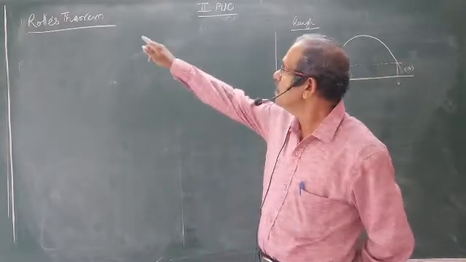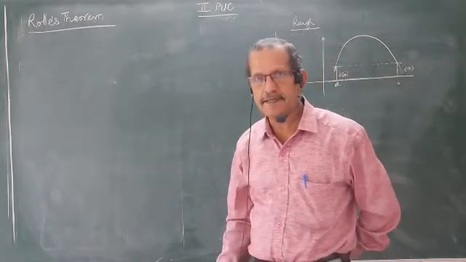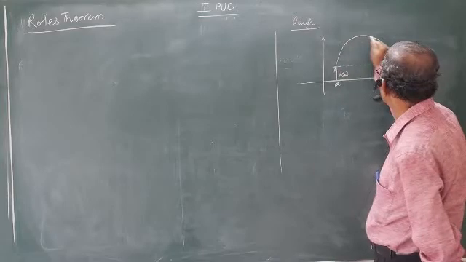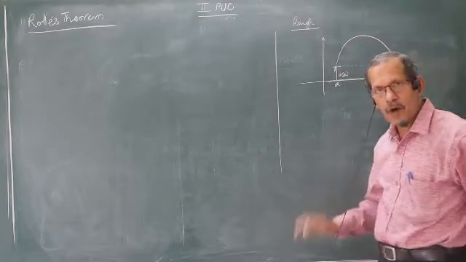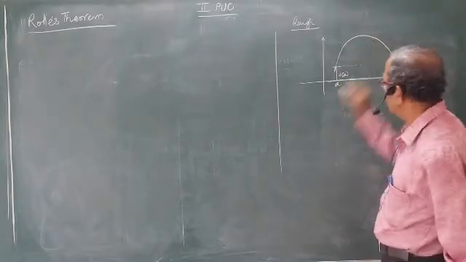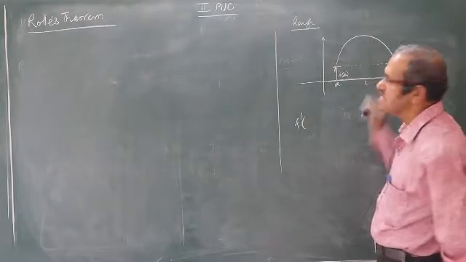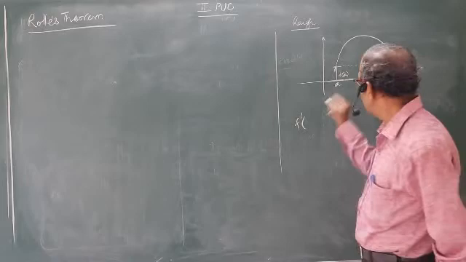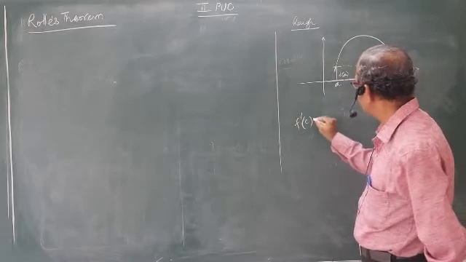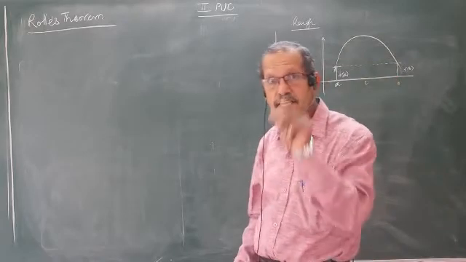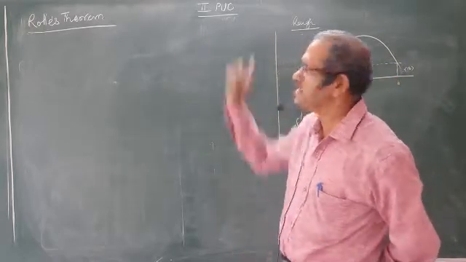Now, Rolle's theorem states that there exists at least one point on this curve, a particular point, say C, such that the derivative of the function at that point is always equal to 0. This is the statement of Rolle's theorem.